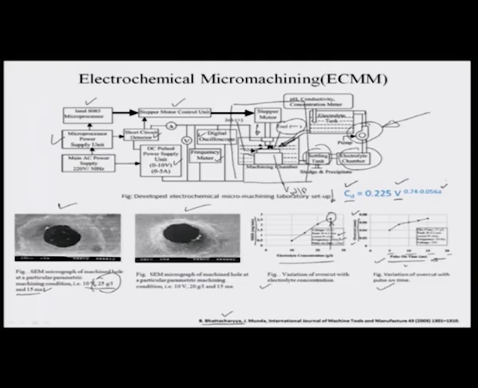So if the feed rate is higher, the CD goes down. That means you have lesser time, relaxation time given to the system by having an increased or enhanced feed of the workpiece towards the tool.